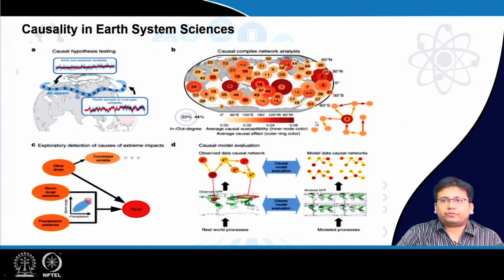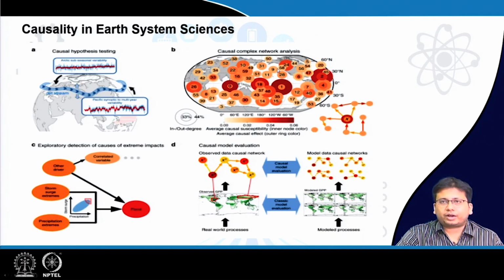Now that kind of network can be a causal network, where we can draw an edge from a node u to node v, if we can be sure that a particular variable at node u is the cause of another variable at node v. That way we can develop some kind of a causal network.